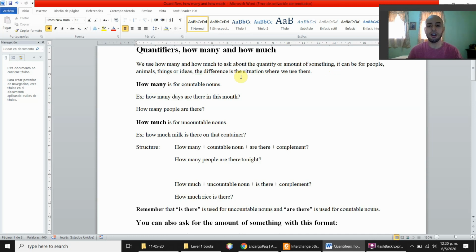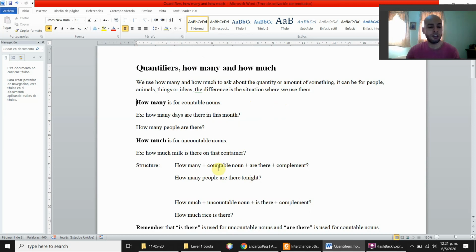If it's a lot of the countable noun, or if it's a lot of the uncountable noun. If it's few, if it's little, if it's a lot, if it's much, if it's many. It's always asked assuming that the amount is plural. Even if the answer is singular, you ask the question in its plural form.